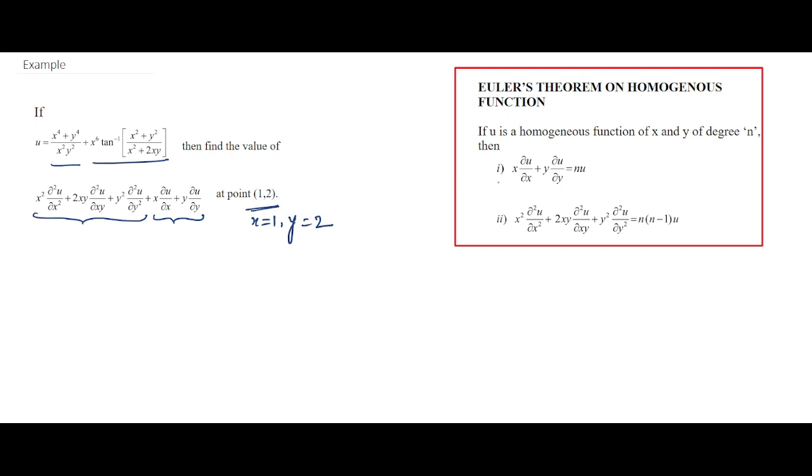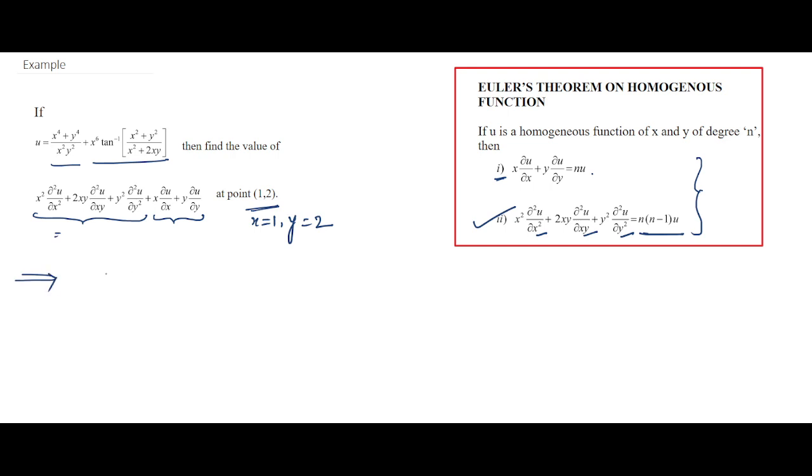This is a deduction from the first Euler's theorem: if u is a homogeneous function of x and y of degree n, then Euler's theorem is x ∂u/∂x plus y ∂u/∂y is equal to n into u, and the deduction from it is x square ∂²u/∂x² plus 2xy ∂²u/∂x∂y plus y square ∂²u/∂y² is equal to n into (n minus 1) into u. Together, these two we are now going to apply to solve this given question.